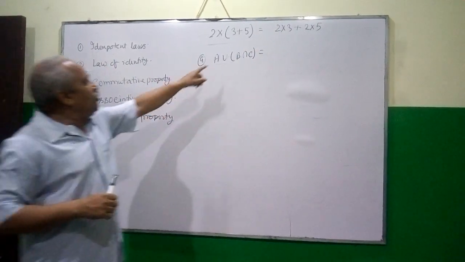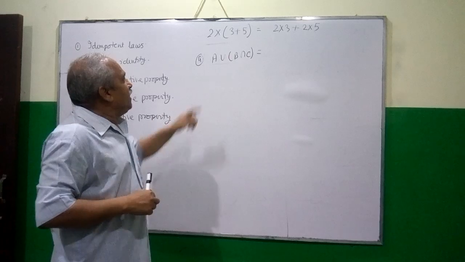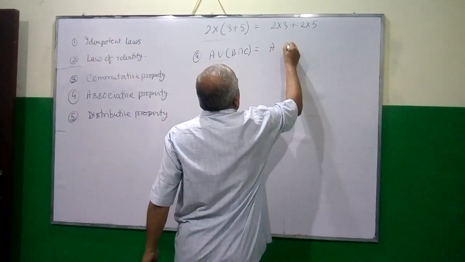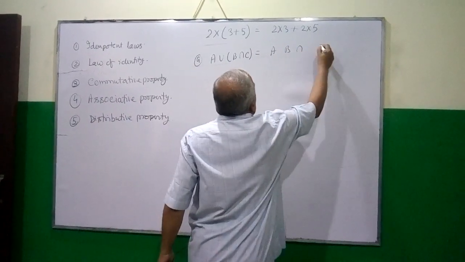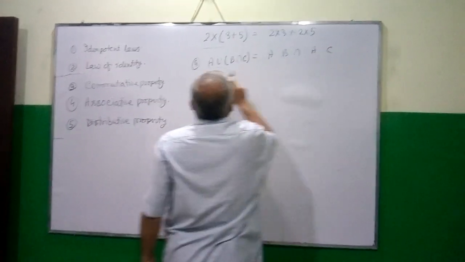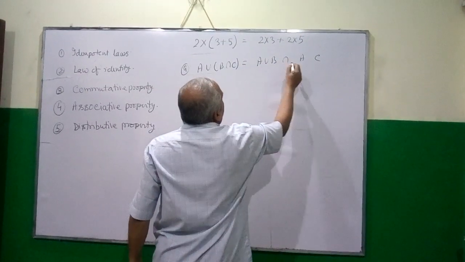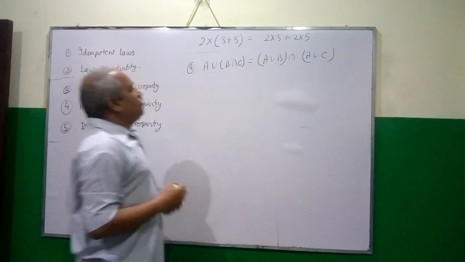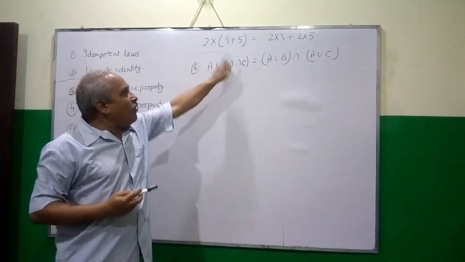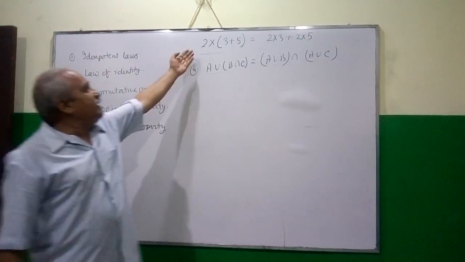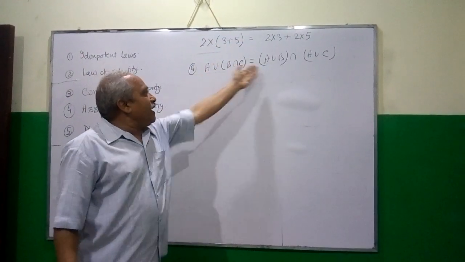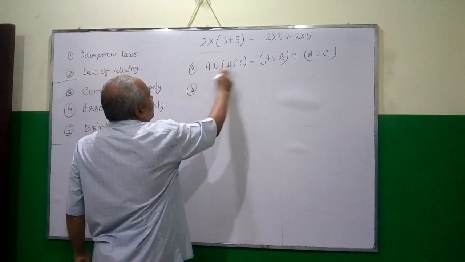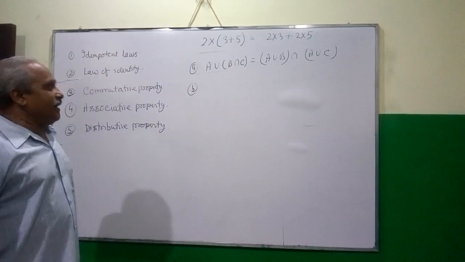You can see here, union B intersection C. Now, A will be distributed to B and C, means A will be distributed to B, and here is intersection. A is distributed to C, and the union will be distributed. A union B, intersection, A union C. It is called the distributive property of union over intersection.